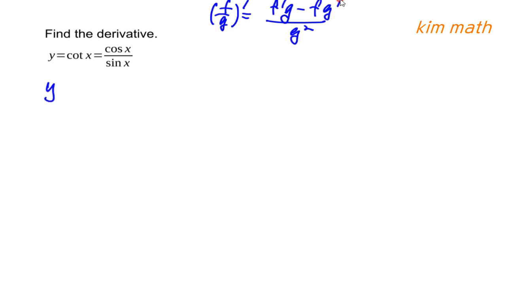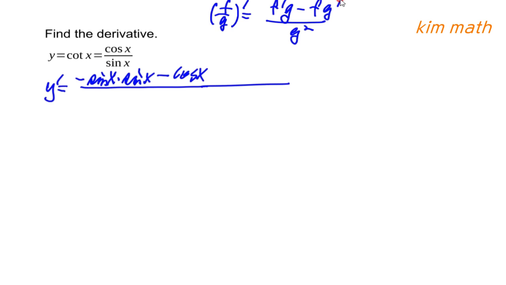So what is y prime? The derivative of cosine of x is negative sine of x, times g, which is sine of x, minus cosine of x, and the derivative of sine is cosine of x, over g squared, so sine squared of x.